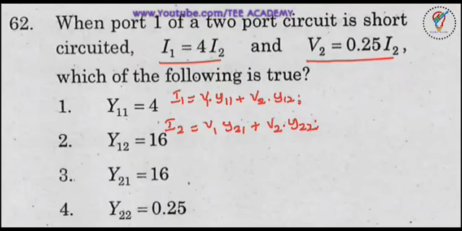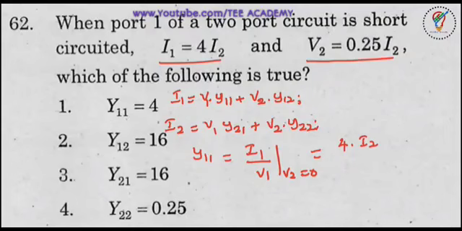For example, if you want to find Y11, I want to know the value of I1 divided by V1 at V2 made 0. So what is the I1? 4 into I2. But you don't have any V1 value here, so that's why it's not possible.